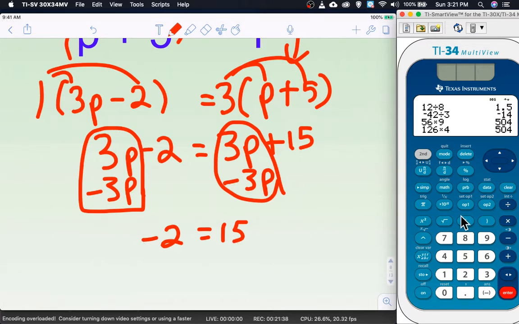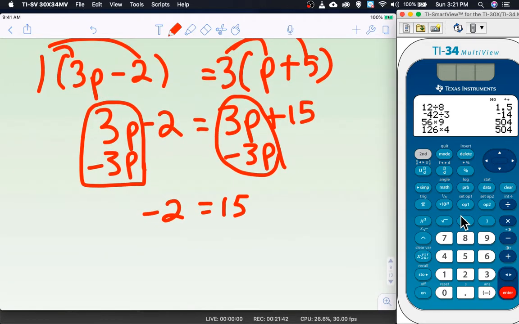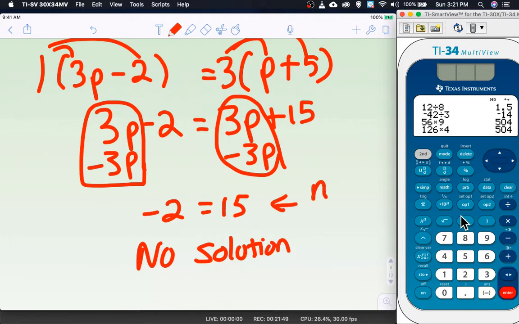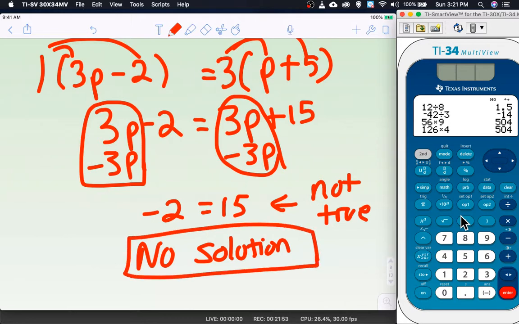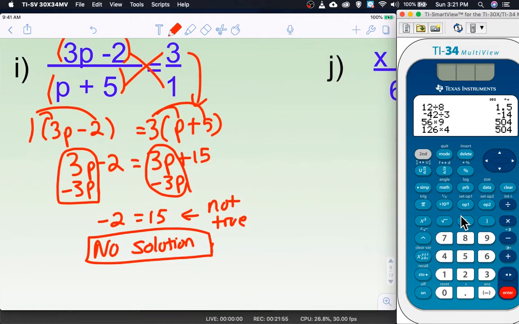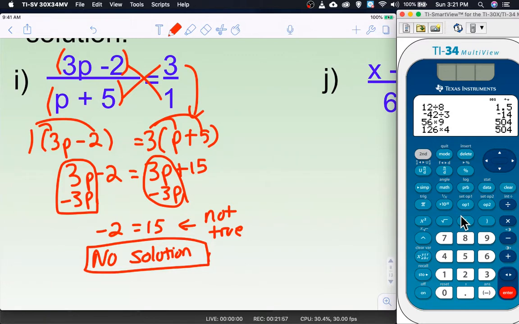This is false. If your answer is false, we say that this problem is going to have no solution, because this is not true, which means our equation will never be true. So anytime you have multiple of the same variable in a problem, there's always the chance you could get no solution as an answer.